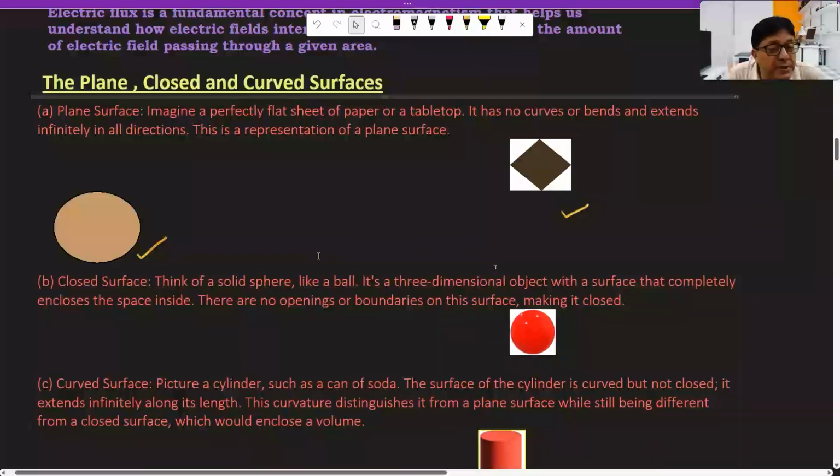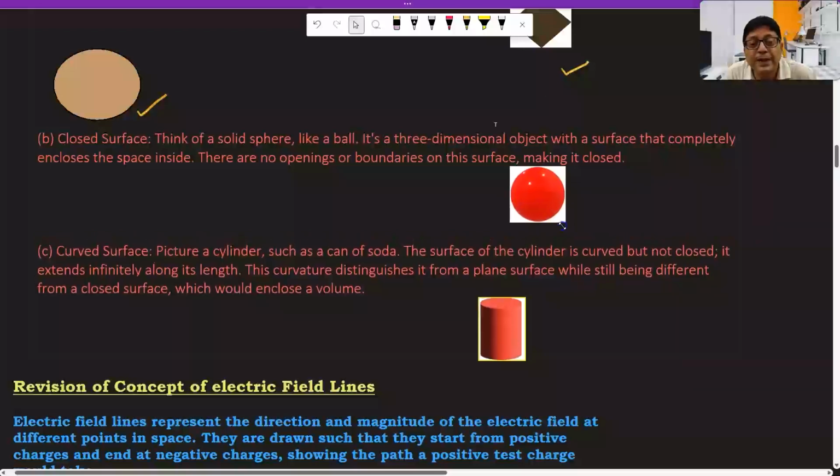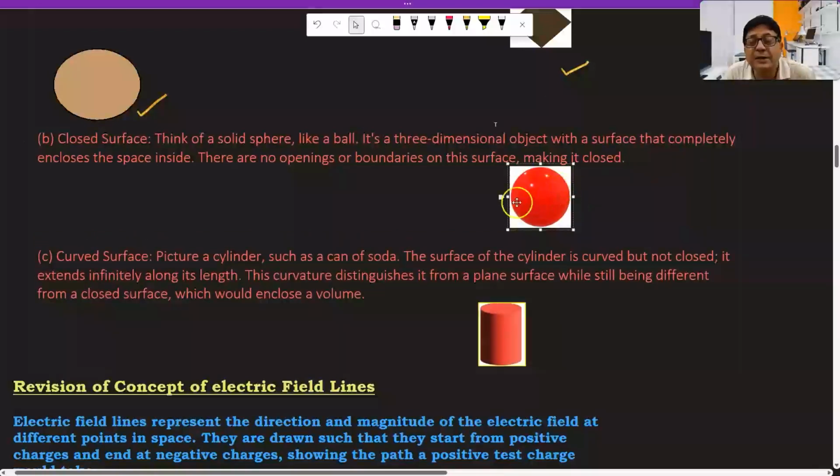Closed surface, like a solid sphere, like a ball. It is a three-dimensional object, where you need x, y, z coordinates to explain a point on the sphere or inside the sphere. And this outer surface will completely enclose the space inside.